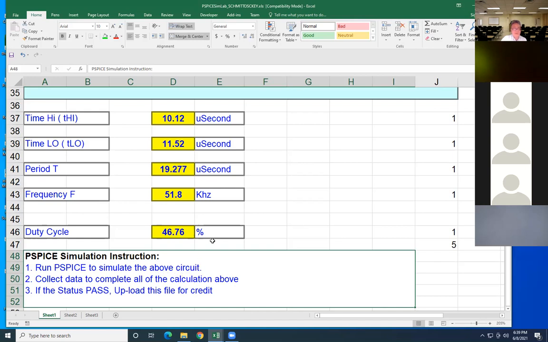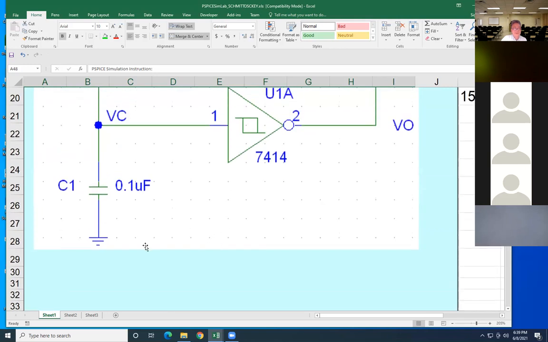The only difference is maybe in the 7414 in the P5, the voltage level may be different. Right. So if it's different, then all the answers would be different. Okay, I need to look into the book. I don't know where my book is.